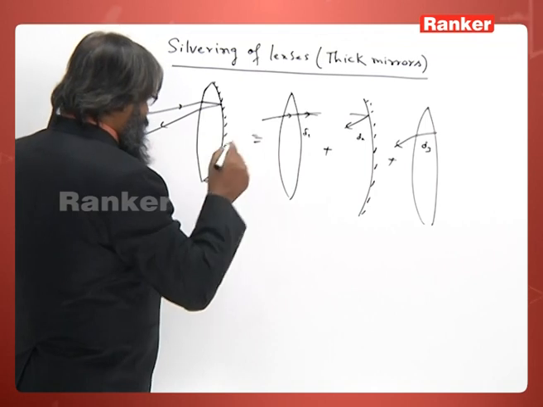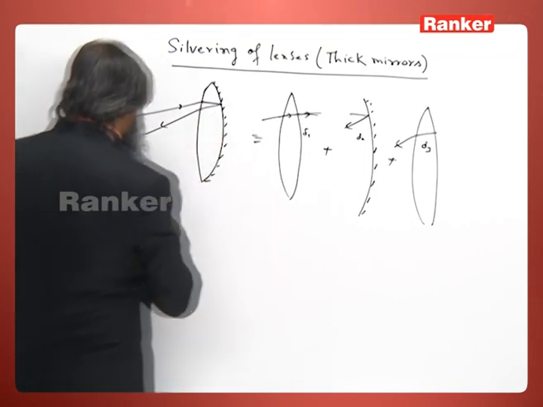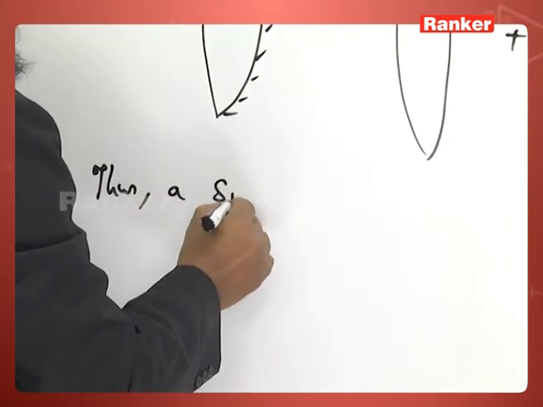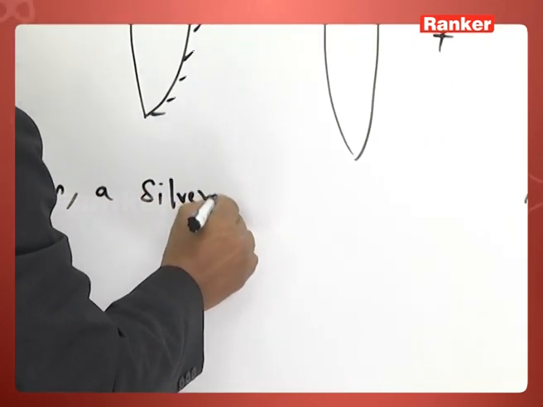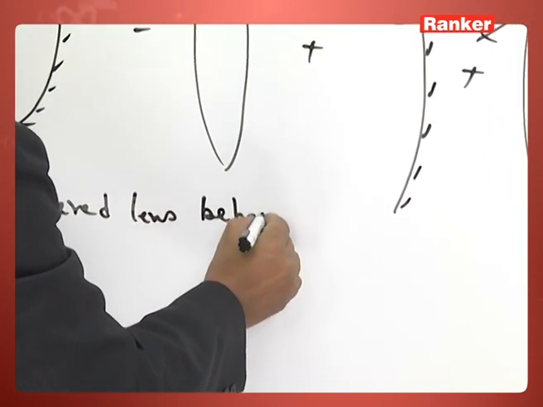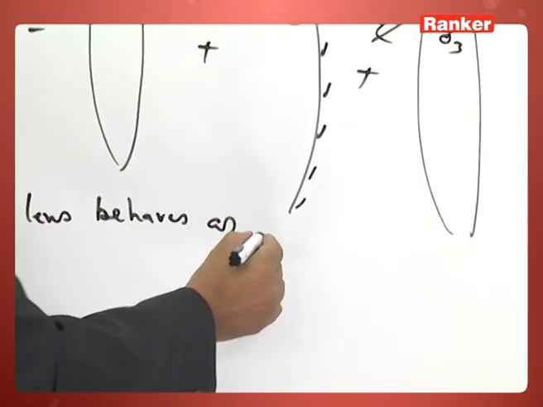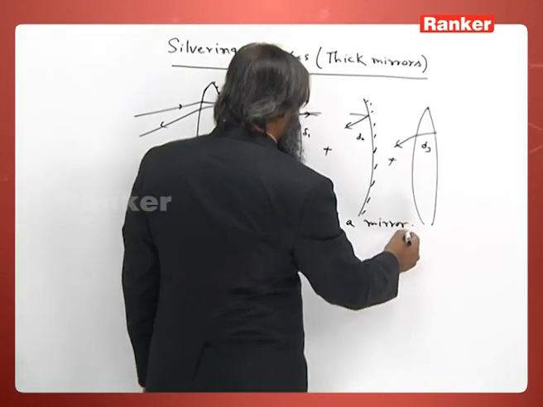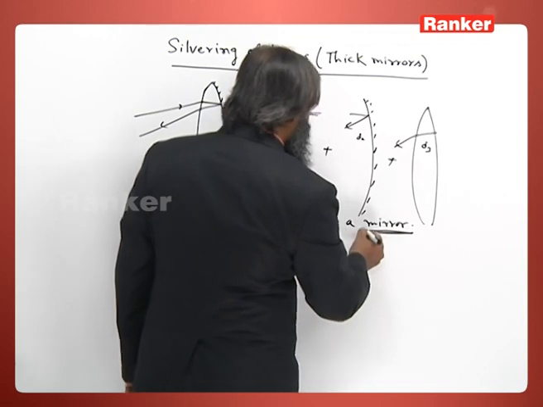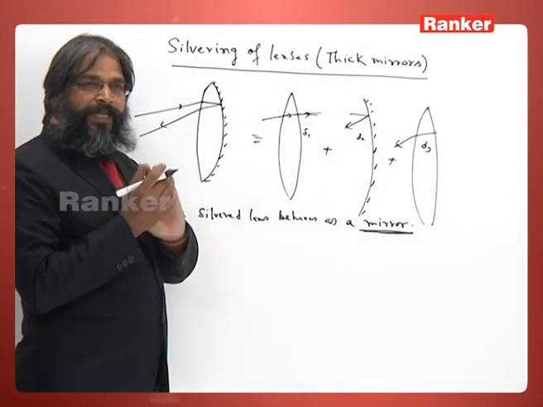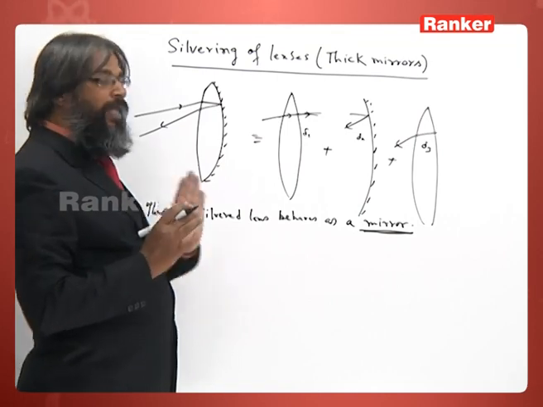So, we define, so thus a silvered lens behaves as a mirror. Very important point, it behaves like a mirror. So, this silvered lens is a mirror, we can call it a thick mirror.